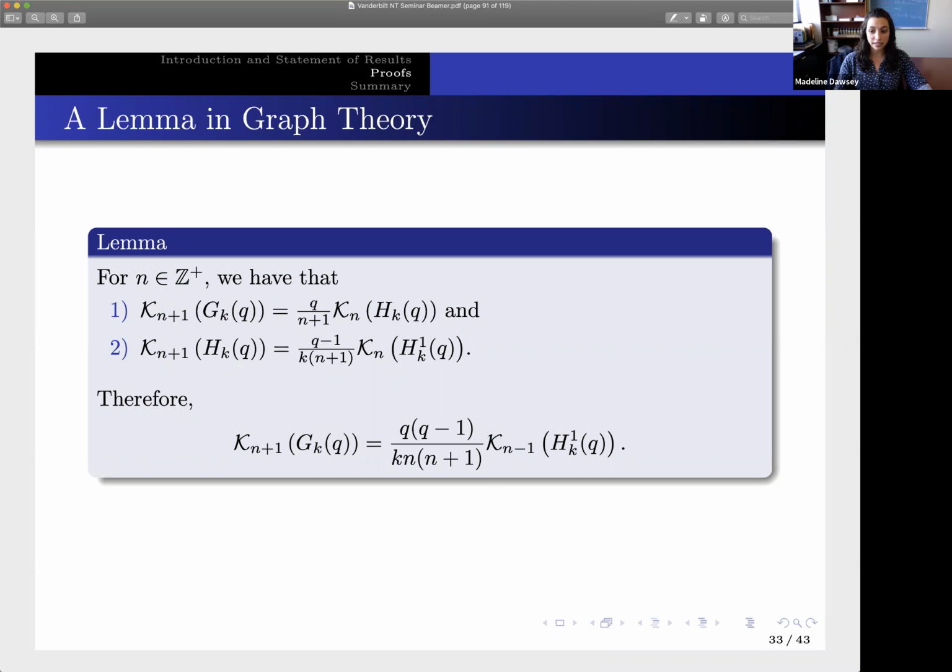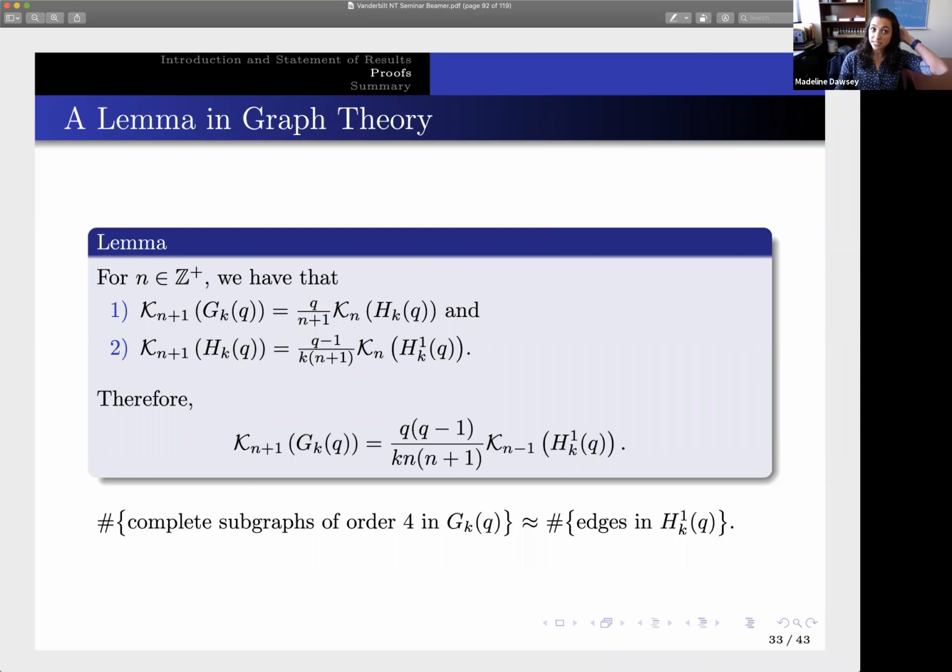So the cool thing is all we wanted to know was the number of complete subgraphs of order 4. And 2 less than 4 is 2. So then all we have to do is count the edges of that second subgraph. Okay, so this lemma plus the proposition is the entire proof of the theorem. So once you count the edges of that second induced subgraph, then you automatically know the complete subgraphs of order 4 in GK of Q.